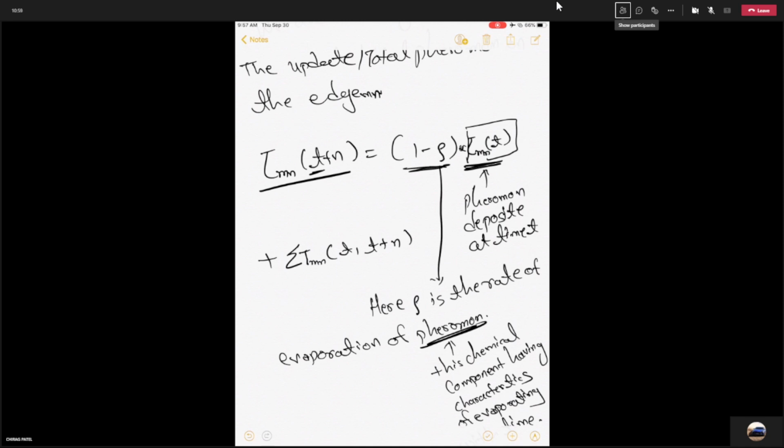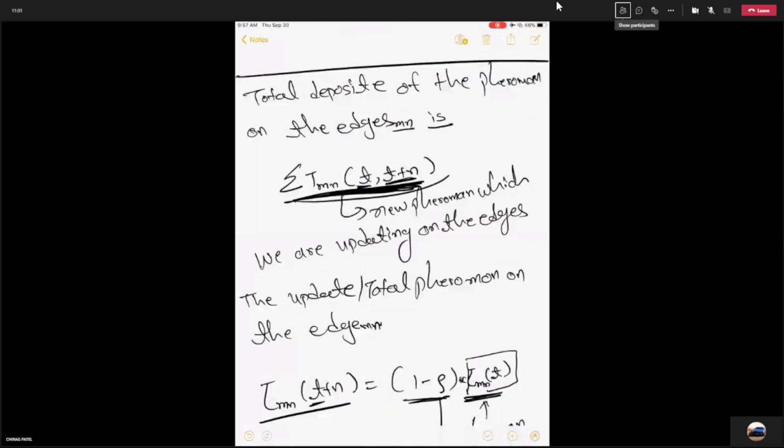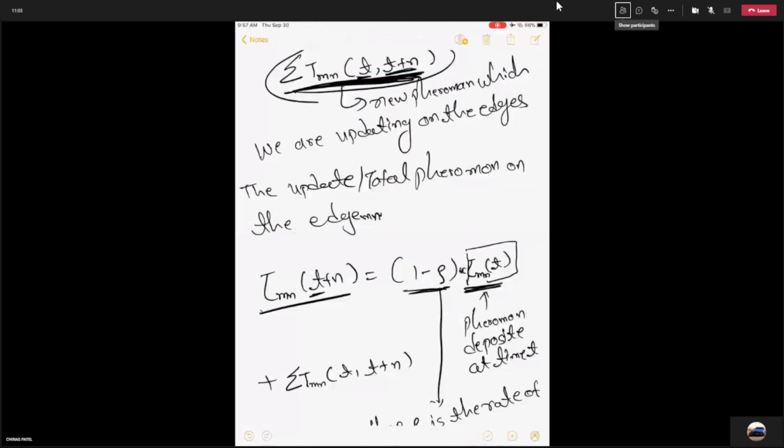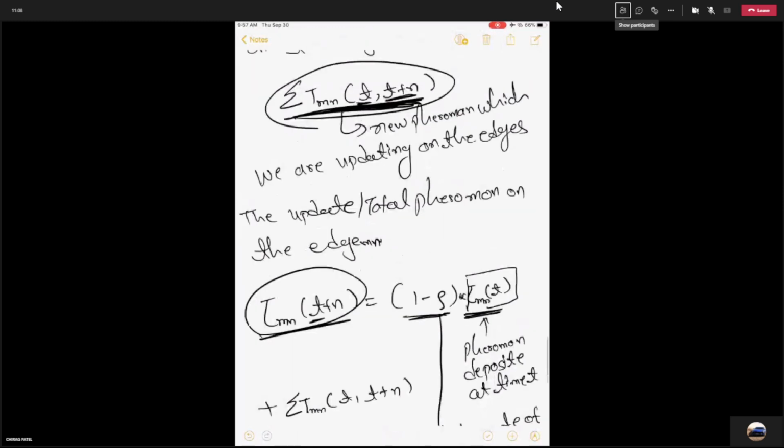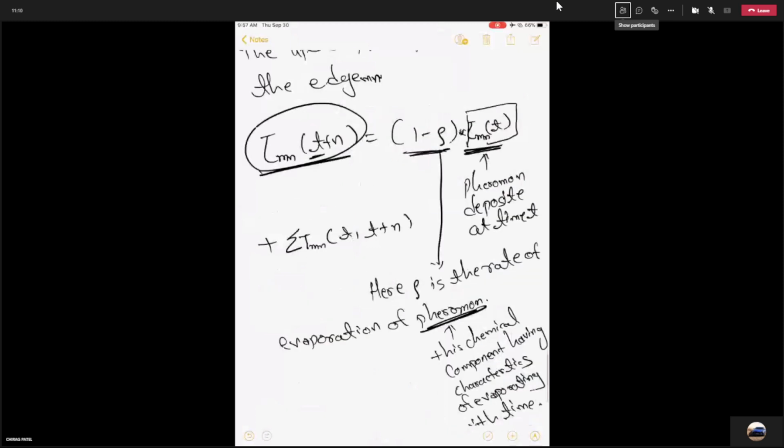If we are depositing this value at t plus n, then at that moment, what is the actual scenario of the deposited pheromone? How much of the value has already evaporated? Because when updating the pheromone value, the current value we obviously know, but whatever evaporation has taken place in the previous value should be removed from that calculation.